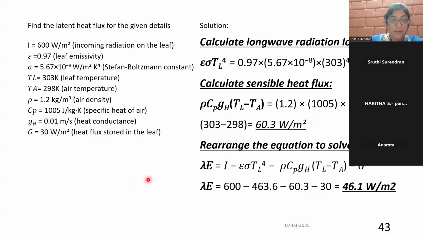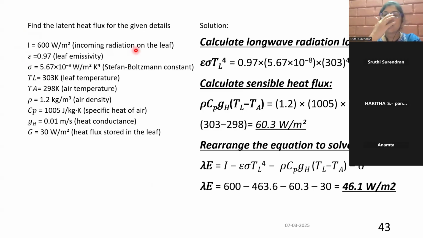Whenever you do the energy balance equation, the only radiation that is incoming is most of the time going to be the short wave radiation, and long wave radiation is going to be the outgoing radiation. Unless they specify that this long wave radiation is entering the system, you don't have to consider it as going into the system.